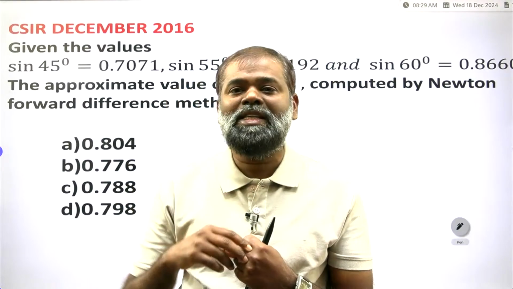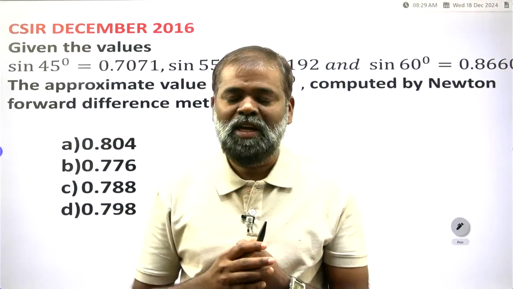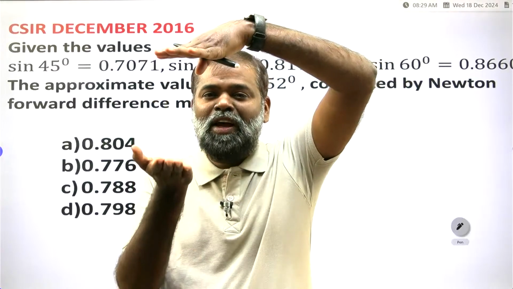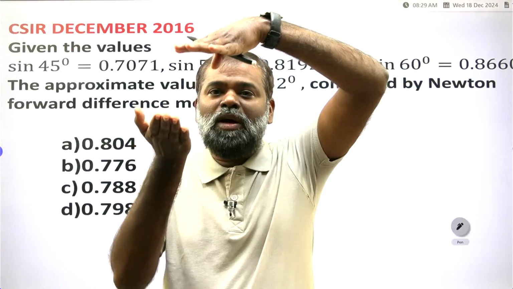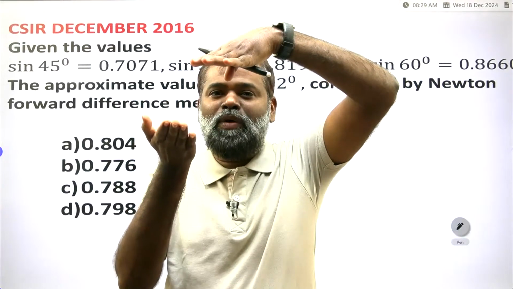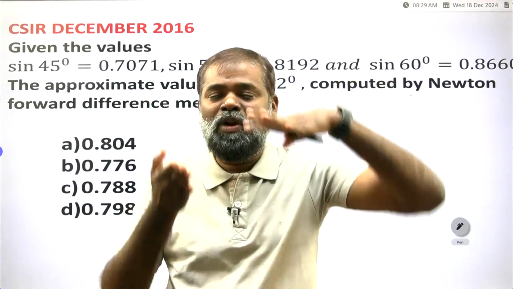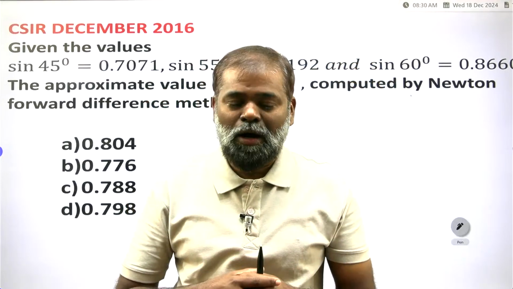That value is called interpolation. Otherwise, extrapolation means you have to find a value outside the given boundary values, outside the given column of tabular values. That we call extrapolation.